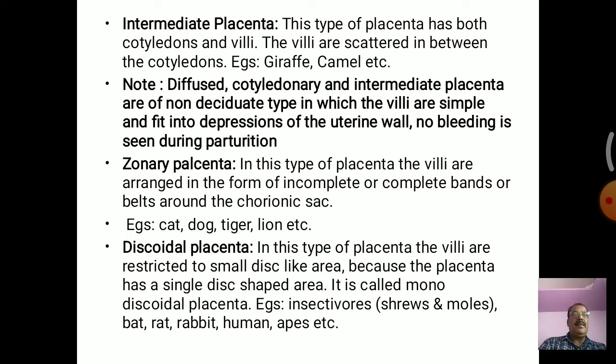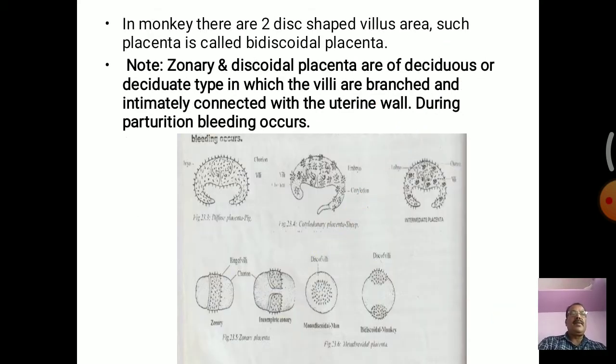In the discoidal placenta, the monodiscoidal placenta is developed by the arrangement of villi in the form of a disc shape, whether it is a single disc. In monkey, there are two disc-shaped villus areas.